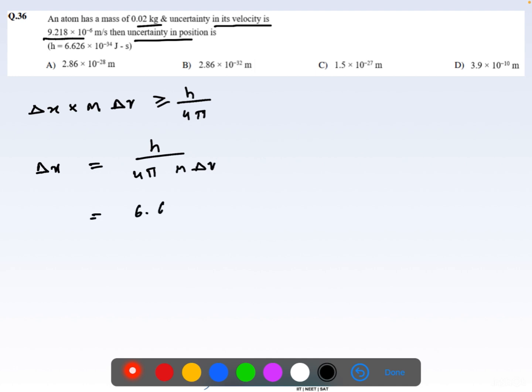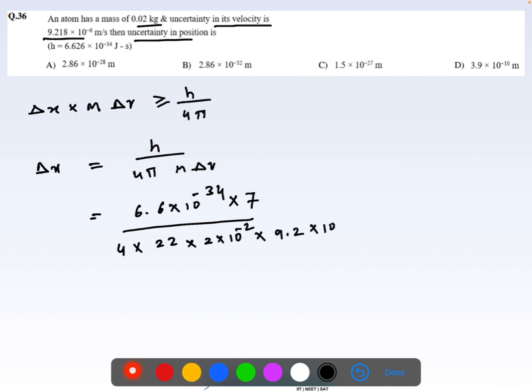So h is 6.6 into 10 to the power minus 34 divided by 4 into 22 by 7. So I write 7 here into mass is 2 into 10 to the power minus 2 into uncertainty in velocity 9.2 into 10 to the power minus 6. So here I get 4 into 22 as 88, and this will cancel with 6.6 for 11.